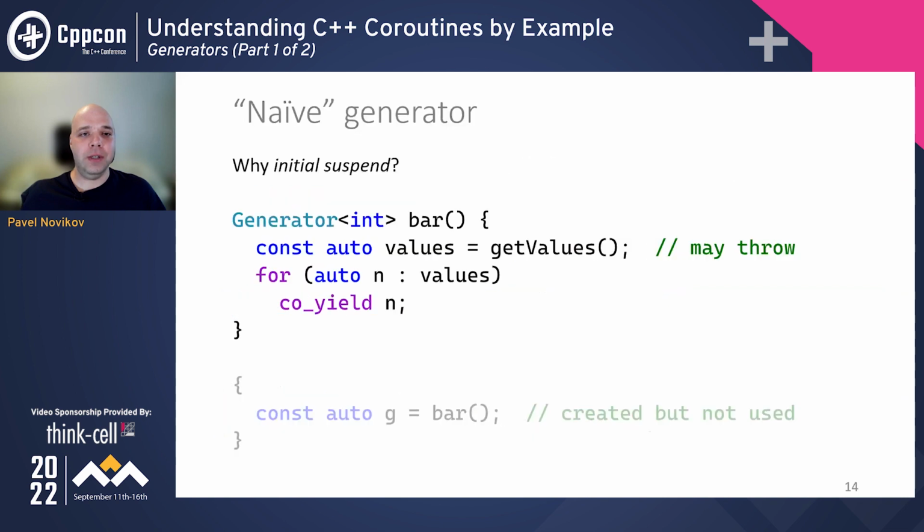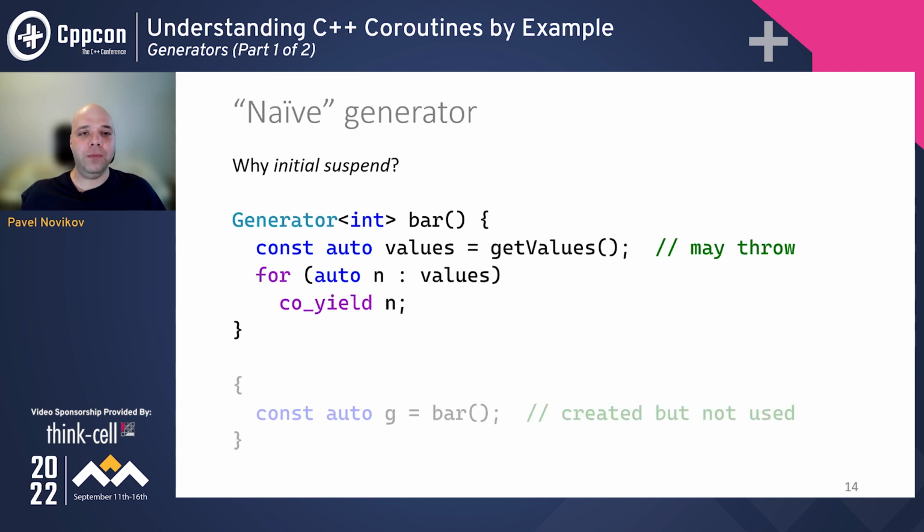So let's see why we need to suspend at the initial suspend point. In this case, we have a coroutine bar, which gets some collection of values, in which case the function getValues may throw.